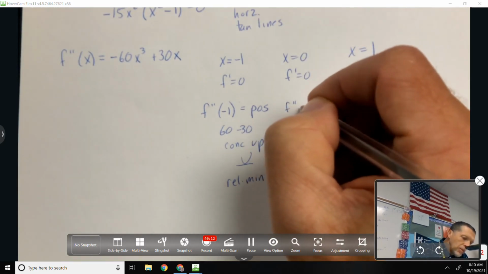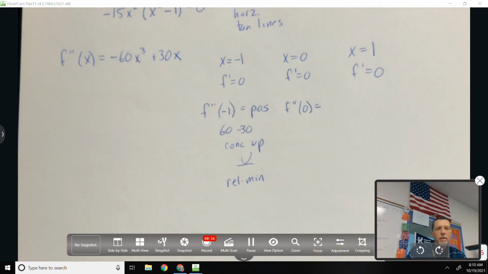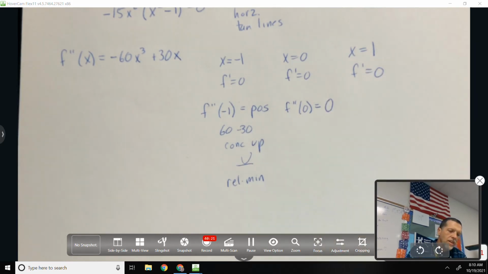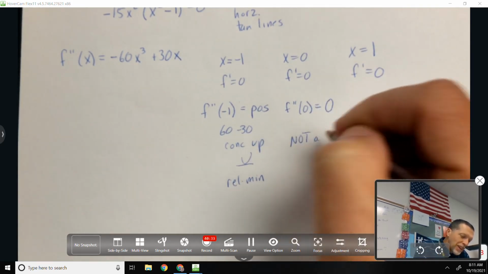How about f double prime of 0? What's that equal to? 0. So, no conclusion. It's not a max or a min. It can't really say anything more than that.